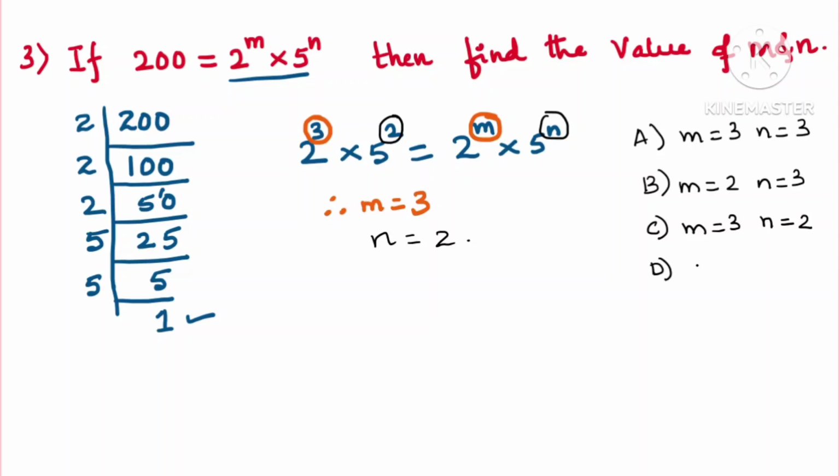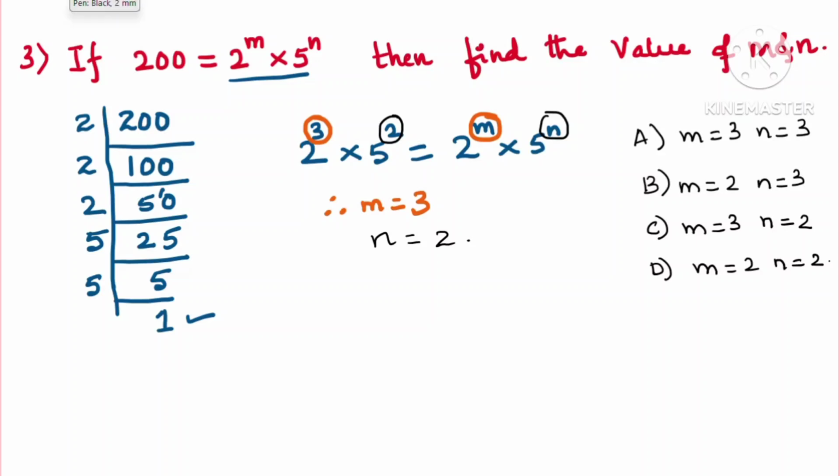And option D, m is equal to 2 and n is equal to 2. Unless and until we do this problem, we are not going to guess in any way which answer is going to be right. So this is the way that we need to do this. This is the basic thing that we have done.